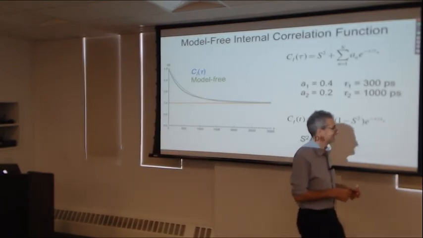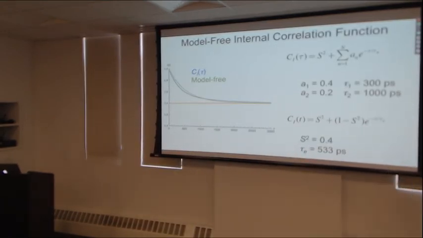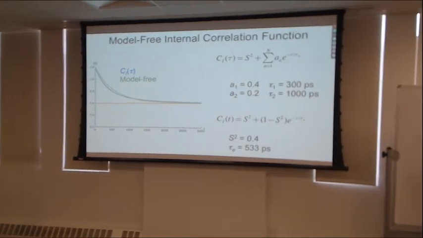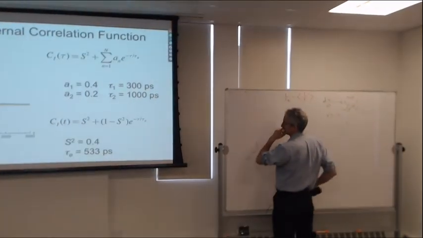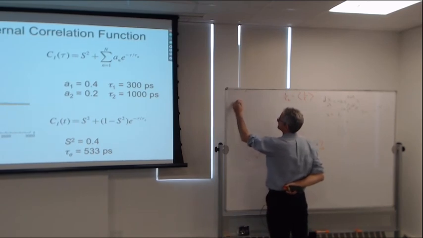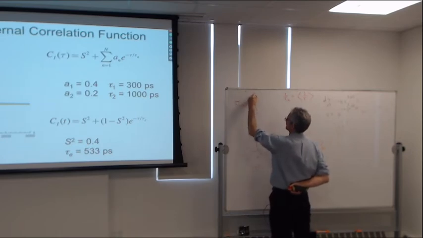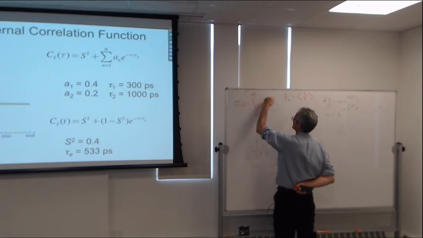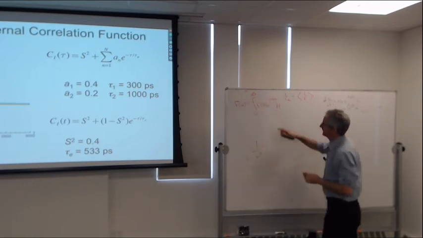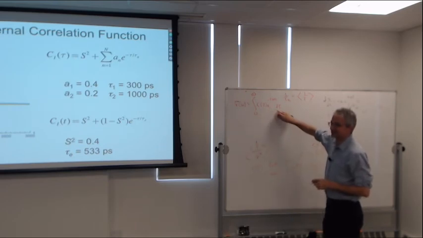Let's write the definition of the Fourier transformation. In our case, we integrate over tau.